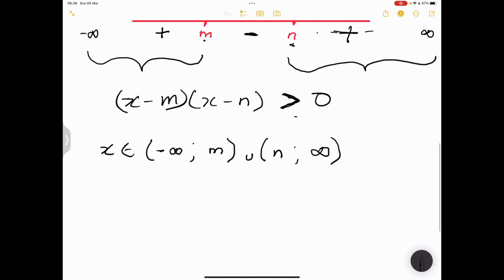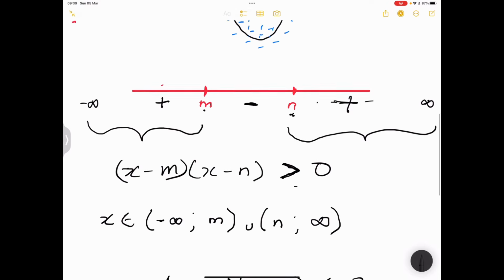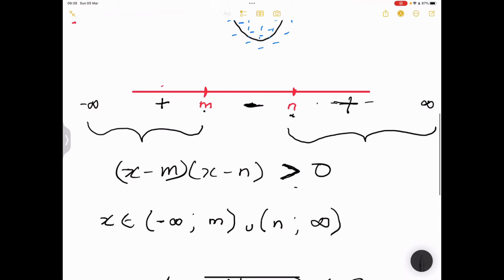But now think about it. What if they had said to us, we want the solution for when x minus m, x minus n is less than 0? What are we going to say? Well, where is this graph less than 0? Remember, where is it negative in this case?